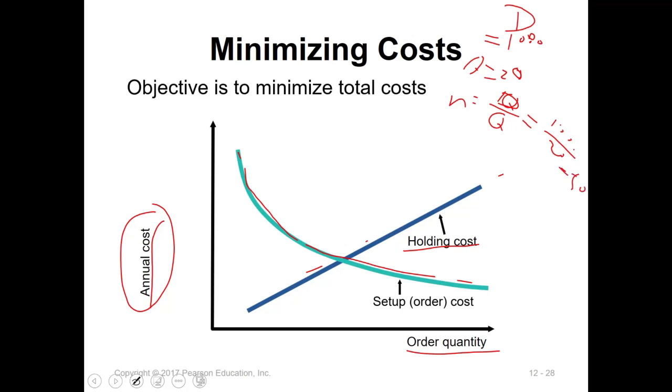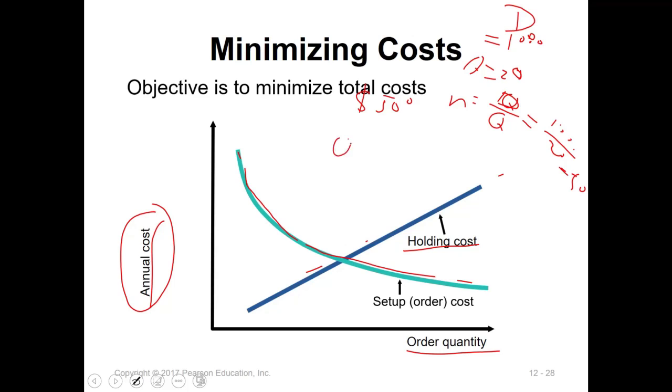That means in this year, you are going to make 50 transactions. If each transaction is $10, the total ordering cost will be 50 times 10 equals 500. Make sense? So 500 is the total ordering cost.